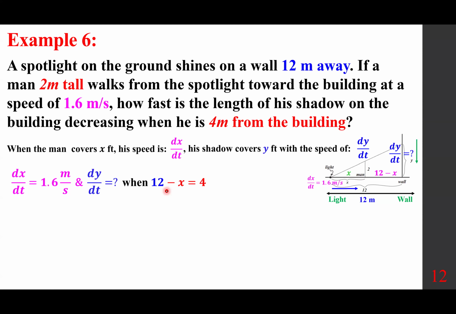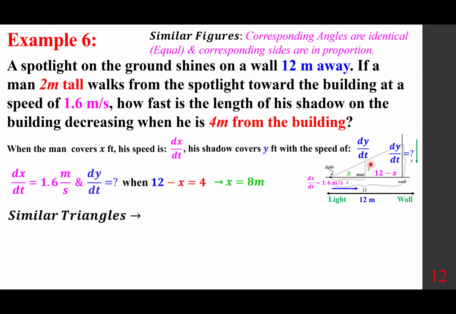Okay. So if 12 minus x is 4, obviously x is 8. And we are going to use the small triangle and the large triangle as similar triangles, reminding everyone what we mean by similar figures: corresponding angles are equal, and corresponding sides are in proportion.